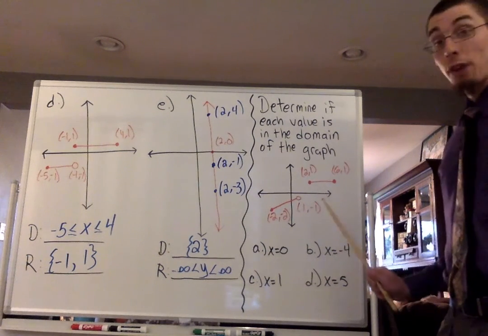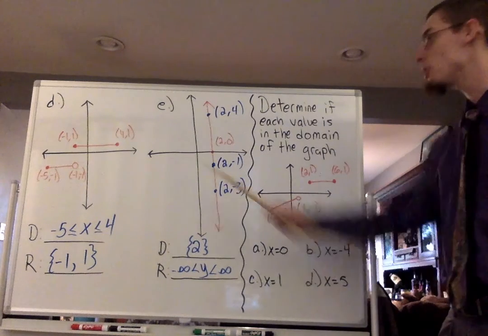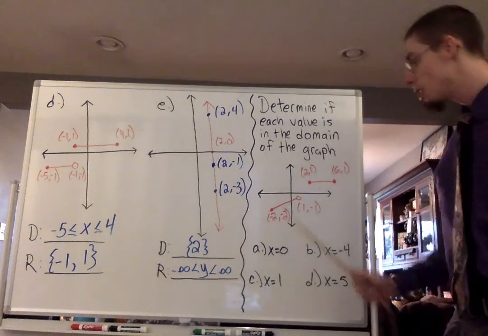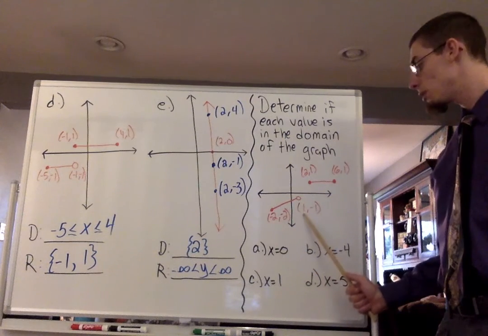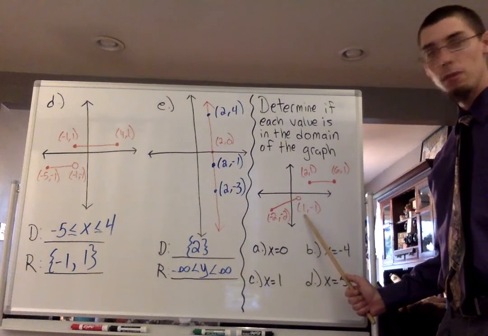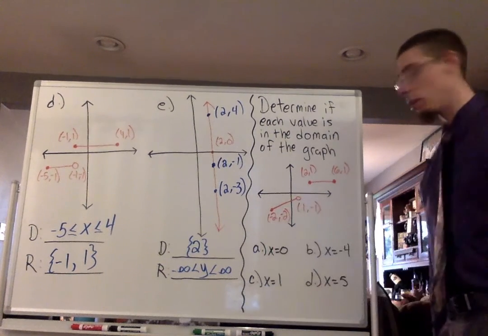So look at the graph first. Make sure you understand the graph. Again, there's two parts to it, just like there was over here. This part goes from -2 to +1, so everything in between -2 and +1.